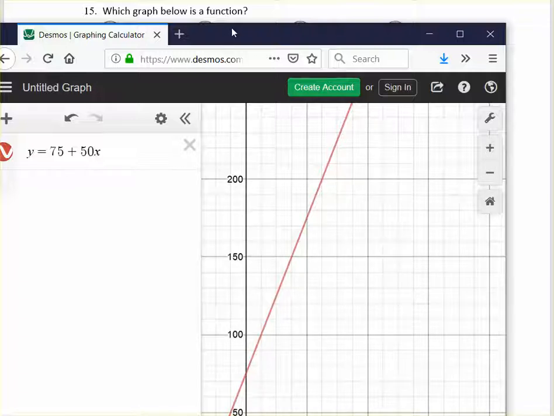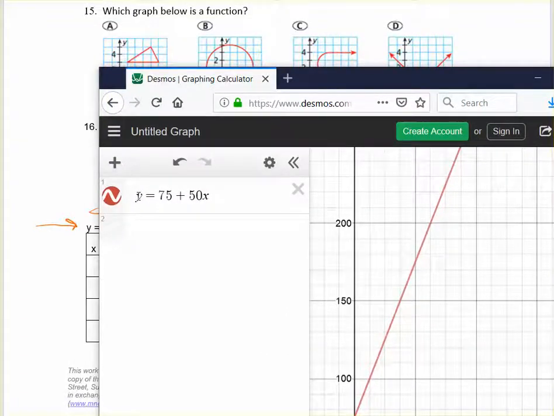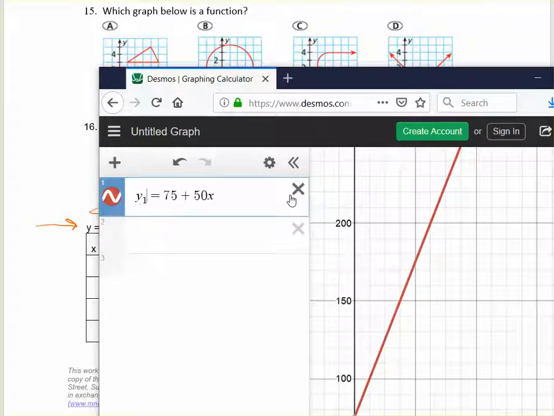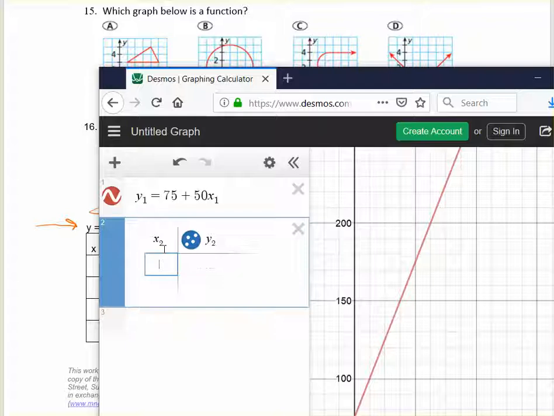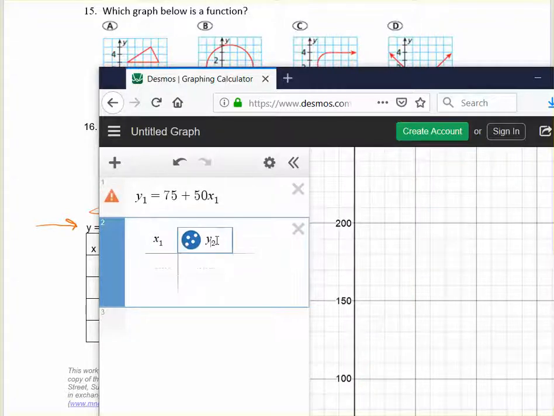But I still wanted to see a table of values here. I'm going to replace this with y1 and x1. Then I'm going to add a table, and I want these to be x1 and y1 too. I'm going to try this and see if it works.